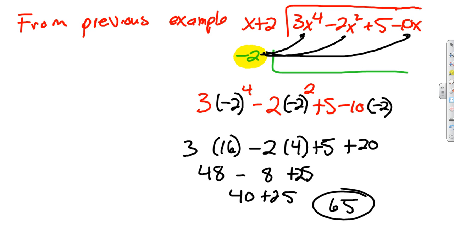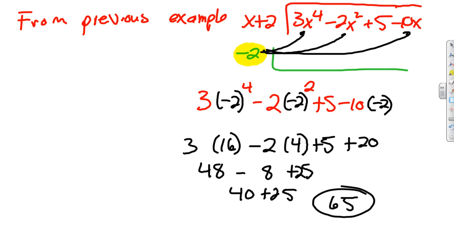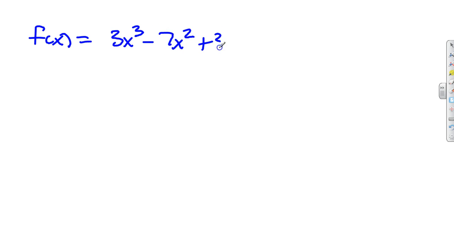Now, one thing that they will do differently on some examples is they may give you a function, and we're not going to actually go through and do the whole thing here, but let's say this.